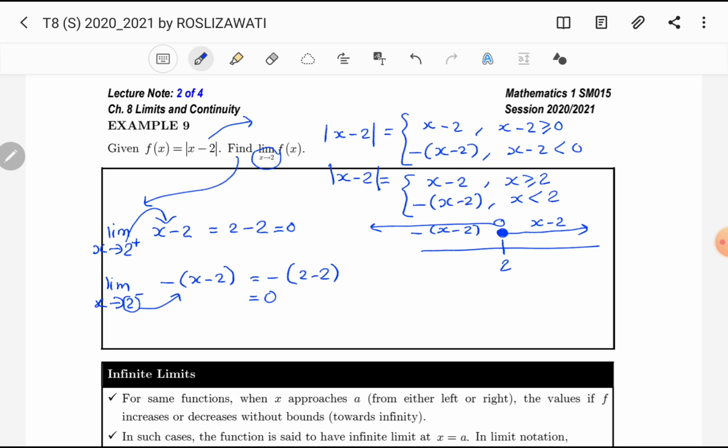Are these two the same? We have 0 and 0. The same, right? Therefore, the limit as x approaches 2 in general, there is no plus or minus anymore, so this is the general one. f(x) exists and the answer is 0.